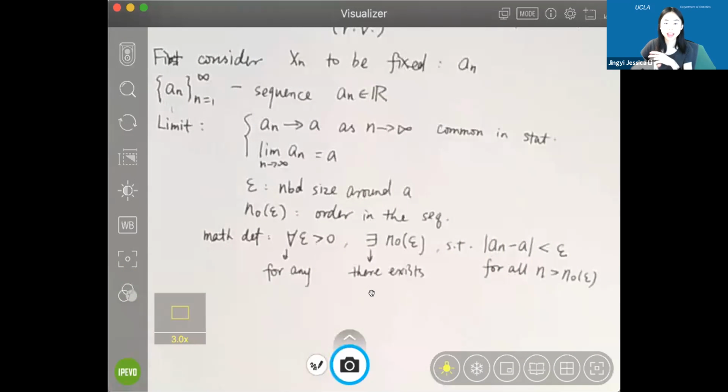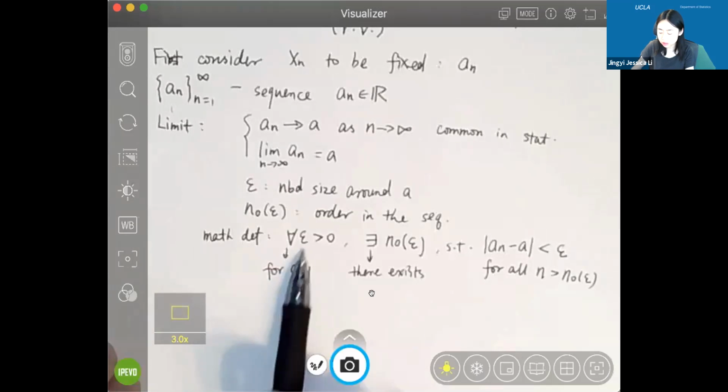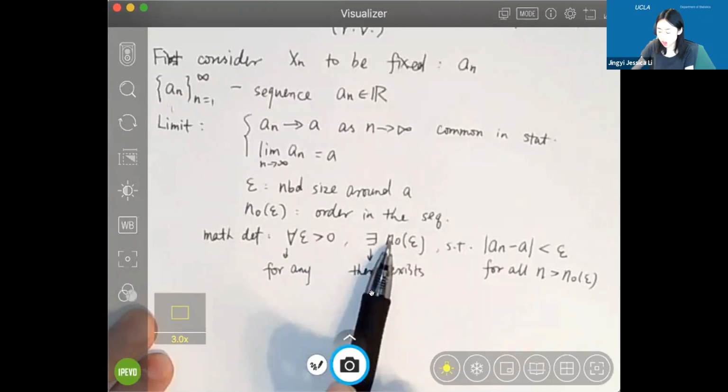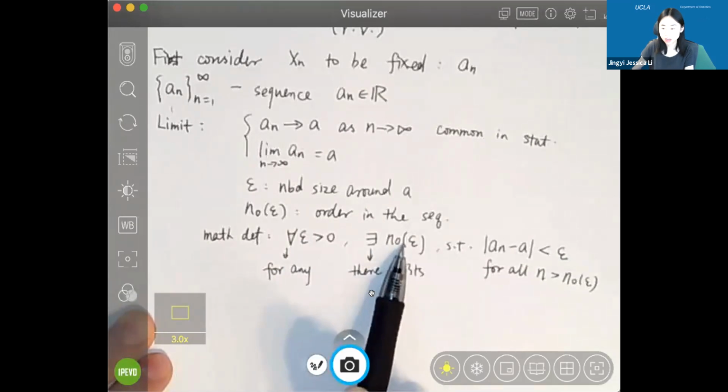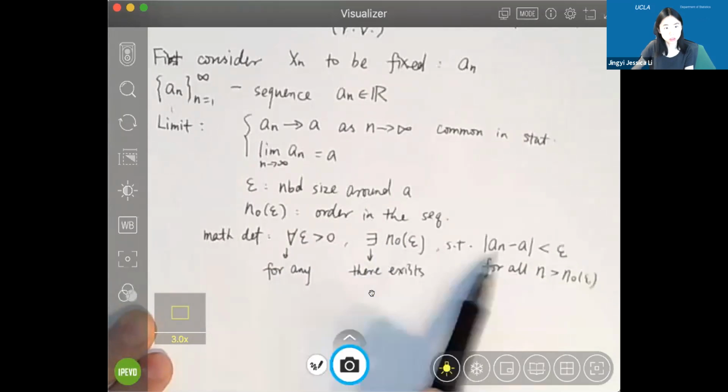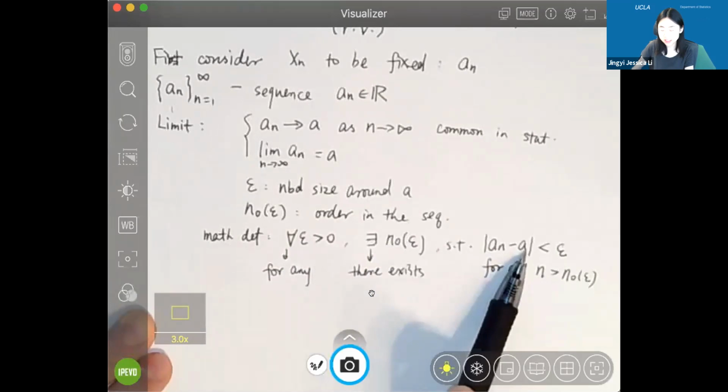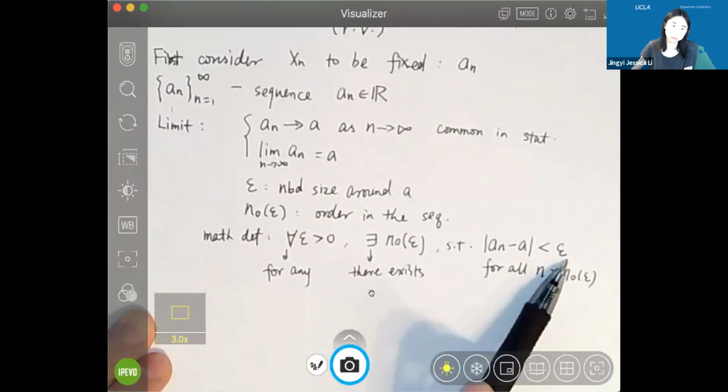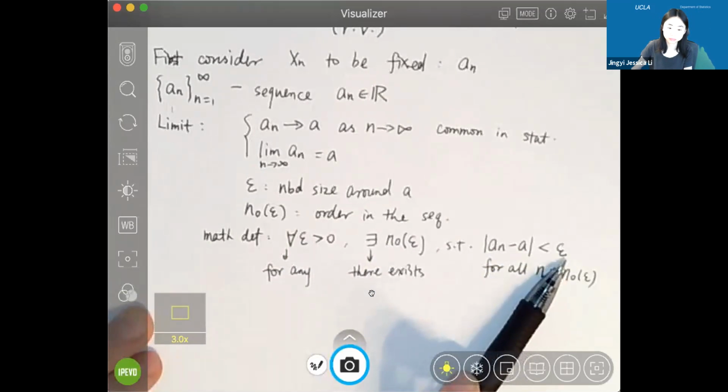This is the mathematical way of writing what I just said: no matter how small the neighborhood size epsilon is, we can always find a point in the sequence so that all the numbers after this point are contained in the neighborhood of A with size epsilon. That's the definition of limit.